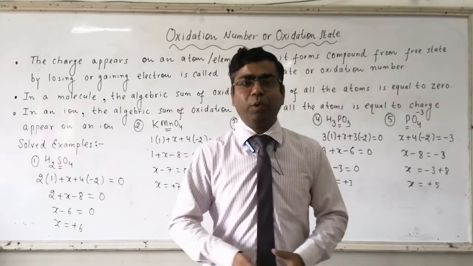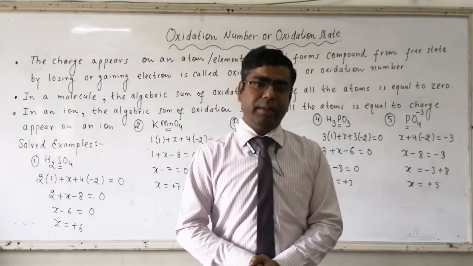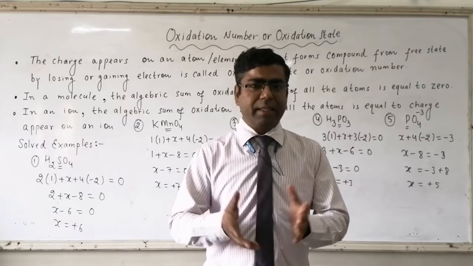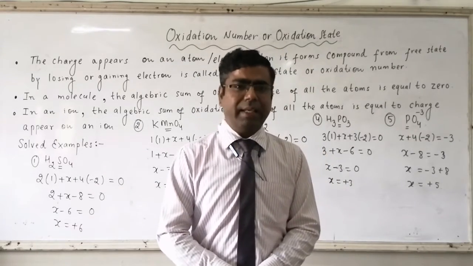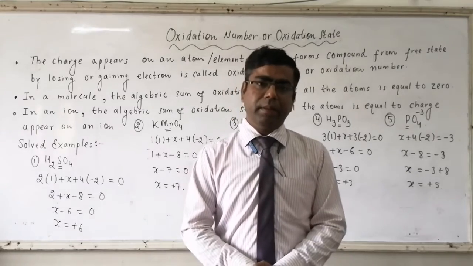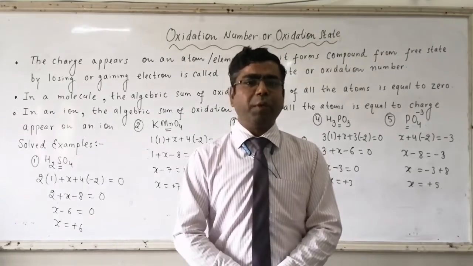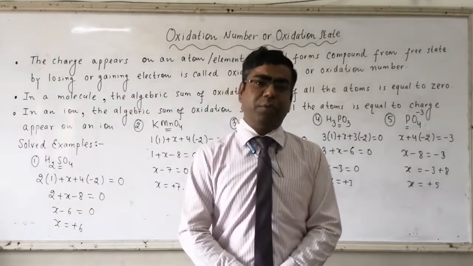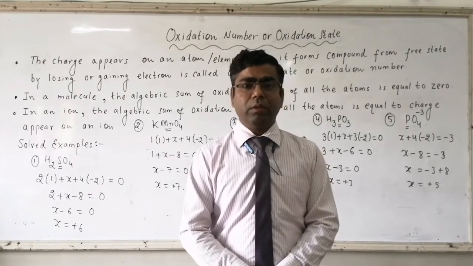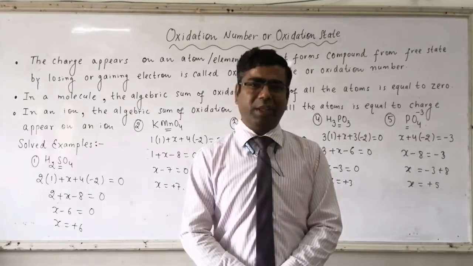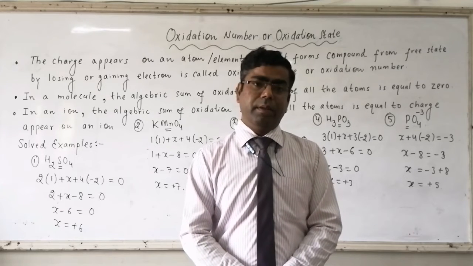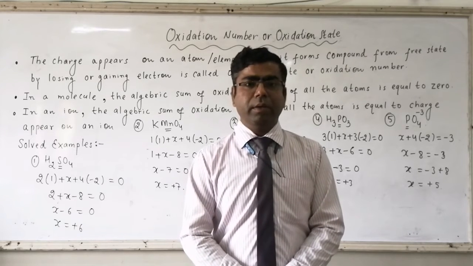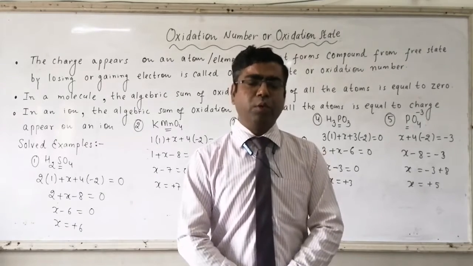Now let us talk about polar covalent bond, HCl. In HCl we have a polar covalent bond because the electronegativity of H and Cl is different. Hydrogen contributes one electron for the formation of the bond. On the other side, chlorine is also contributing one electron. There will be a shared pair of electrons between hydrogen and chlorine.